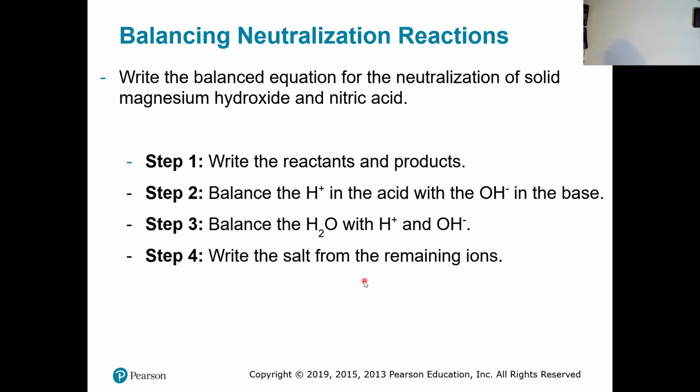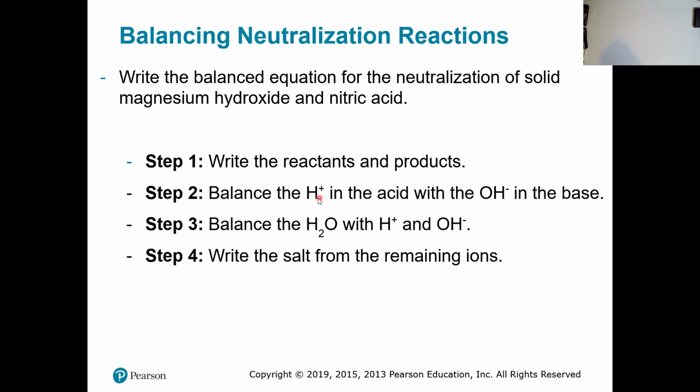When you're balancing any neutralization reaction, you're going to first write out your reactants and products. And you can sort of shortcut your balancing by using a comparison between the hydrogens in your acid that are present and the hydroxides in your base that are present. Because these numbers have to be the same.